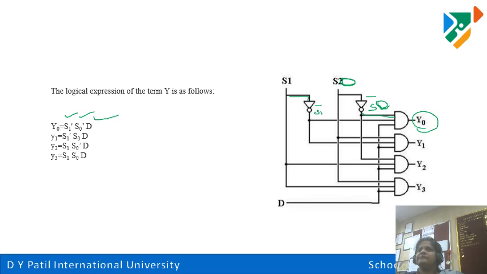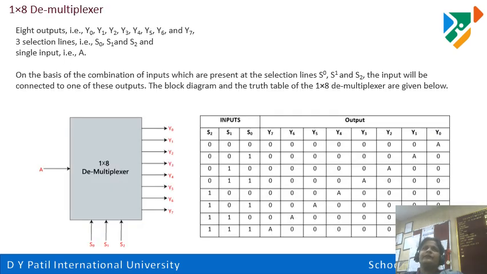So all these 3 go as an input, which is your Y0. Similarly, in case of Y1, it is nothing but S1 bar, S0 directly given, and then D is given. Likewise for Y2 and Y3 also, these equations are taken into consideration.